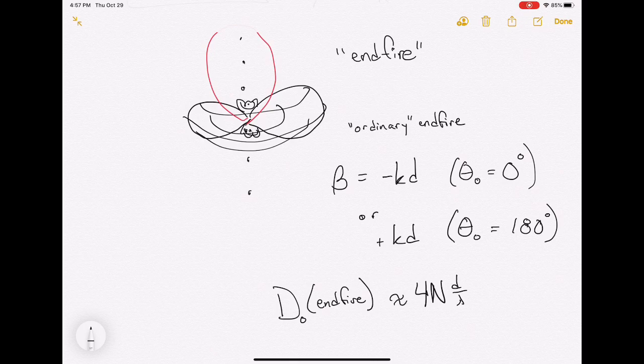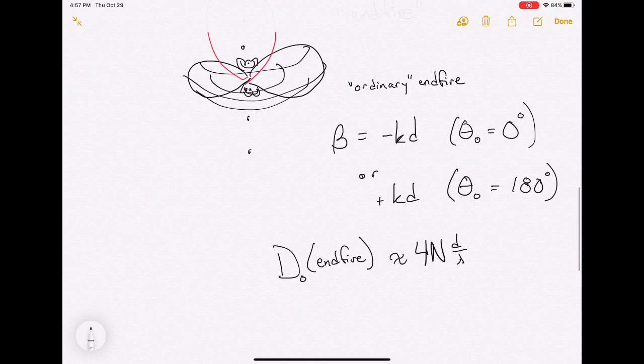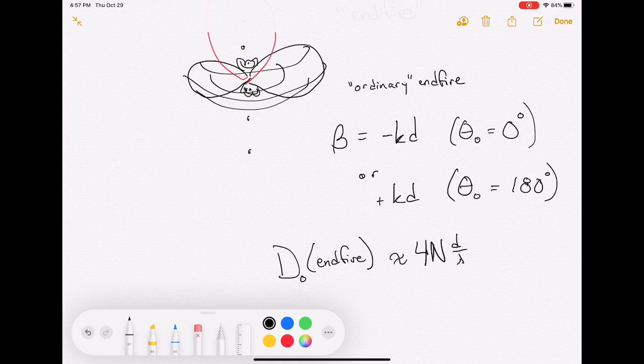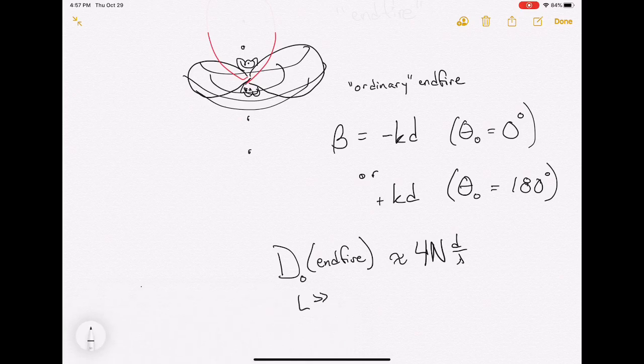That's twice the directivity of a broadside array, and that's because the main beam is only pointing along the axis instead of being in a donut shape. And then if you, again, make the further approximation that the length is much greater than the spacing, then that's approximately equal to 4 times L over lambda.